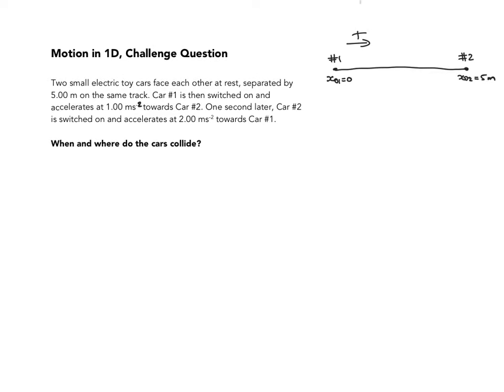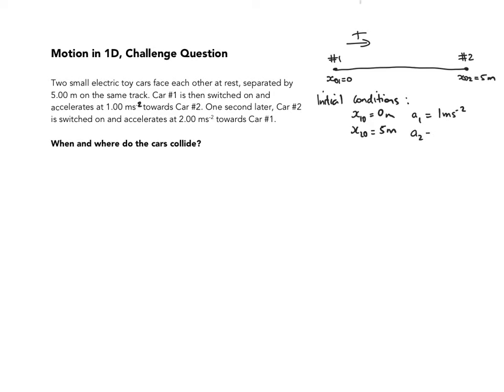So write down some of our initial conditions. Our initial position, x01, is 0 meters. Our initial position for our second car is 5 meters. The acceleration of car 1 is 1 meter per second squared.